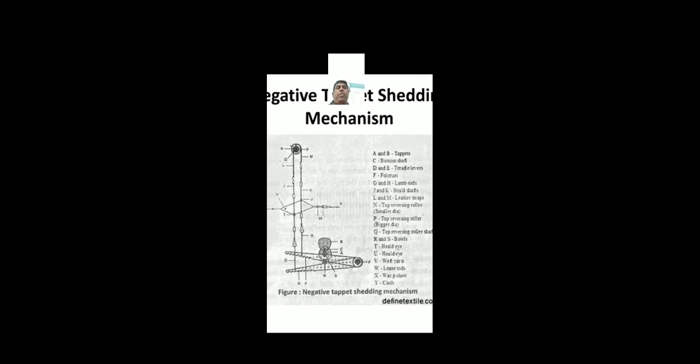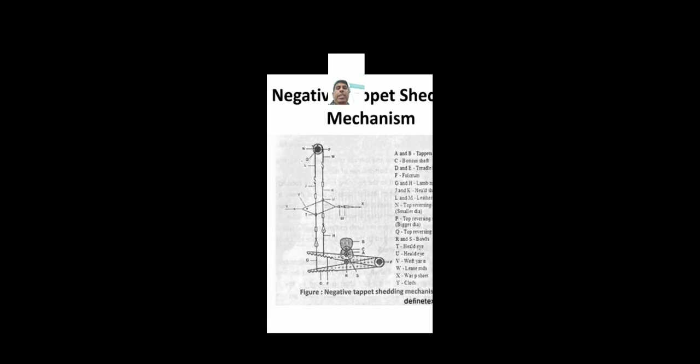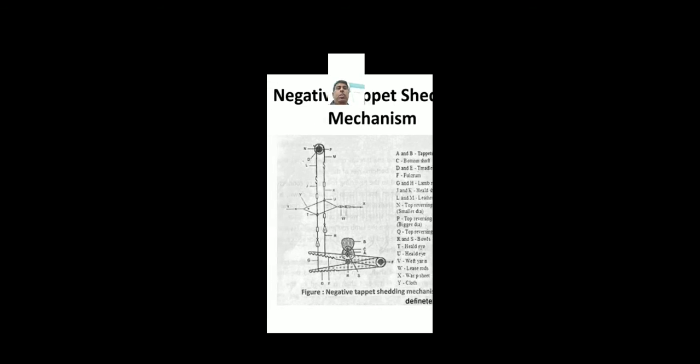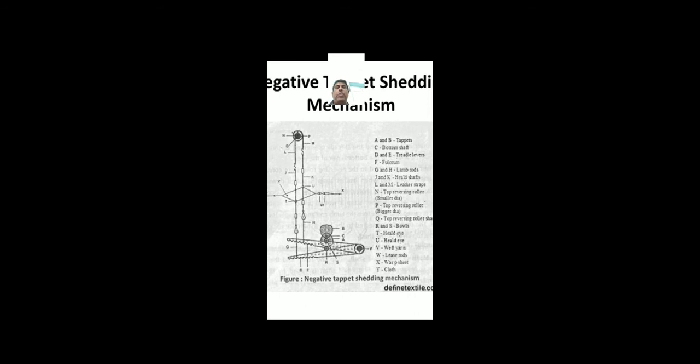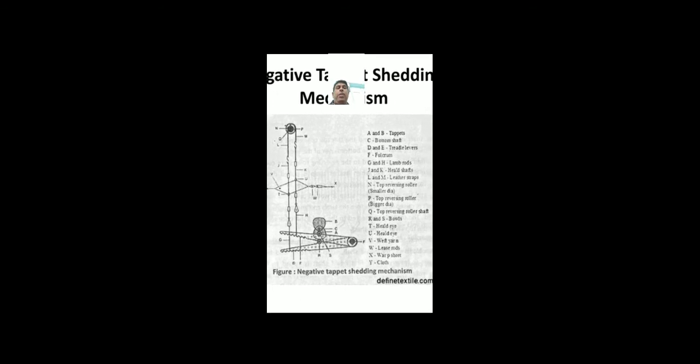F is the fulcrum. Those long levers are known as treadle levers. G and H are lamb rods, connected to the treadle levers, as you can see from the figure.